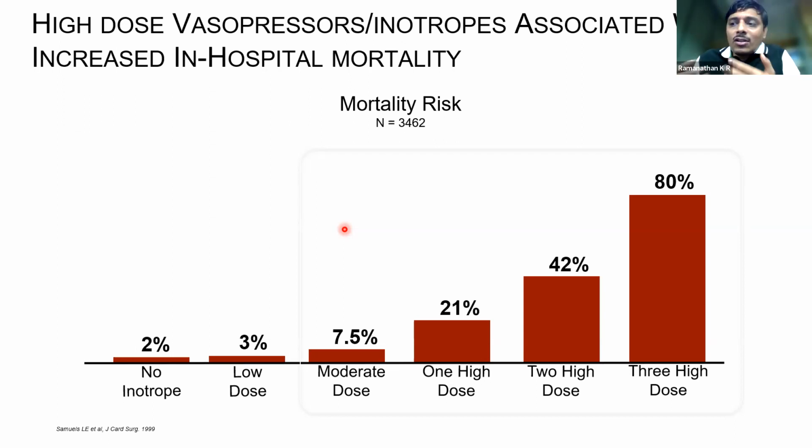So as long as your patient presents with cardiogenic shock and you start them on low to moderate dose inotropes, you would still have a window of opportunity to intervene effectively. But the moment they go on high dose inotropes or more inotropes, you will see an exponential curve of their mortality.